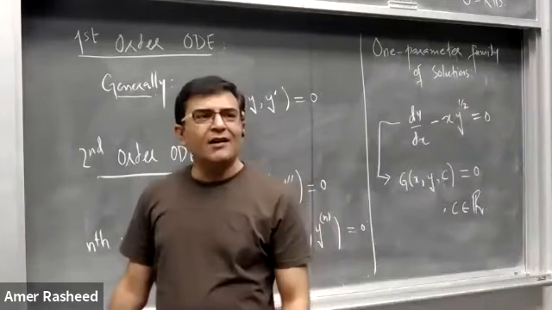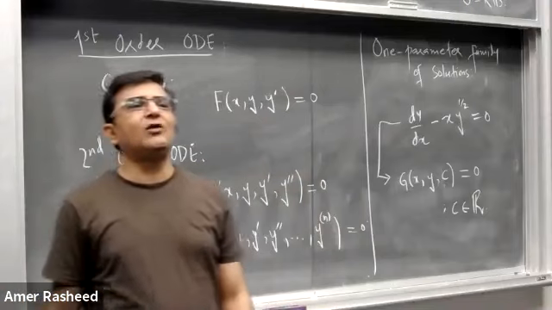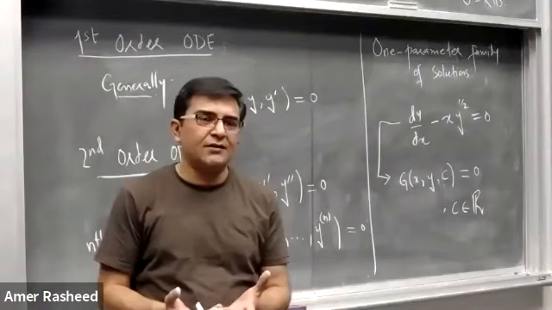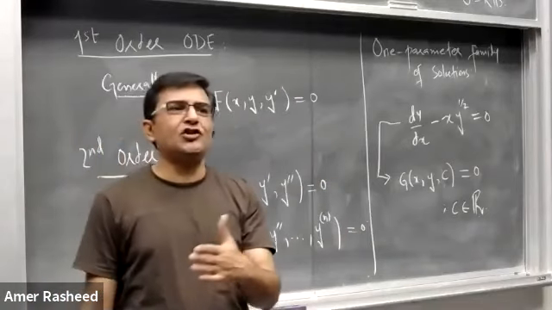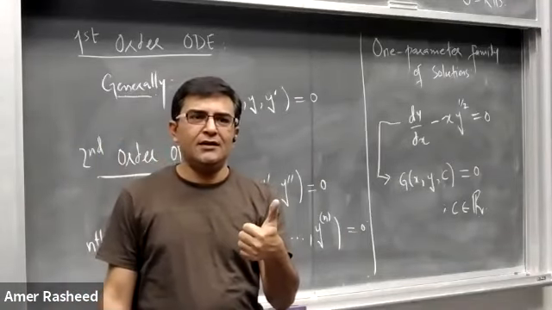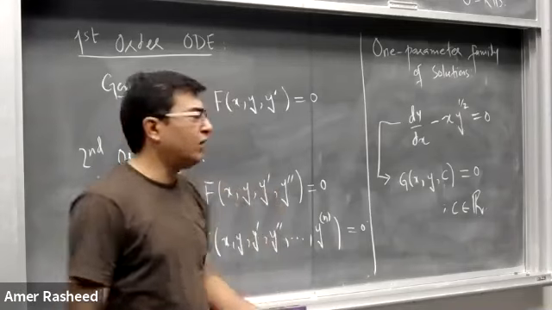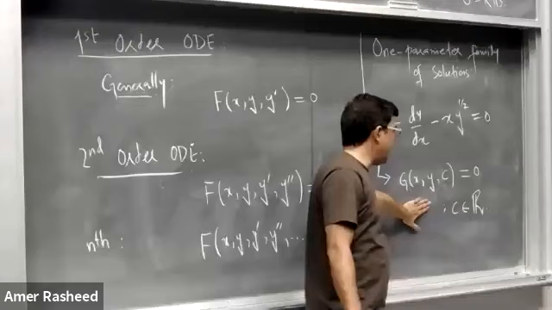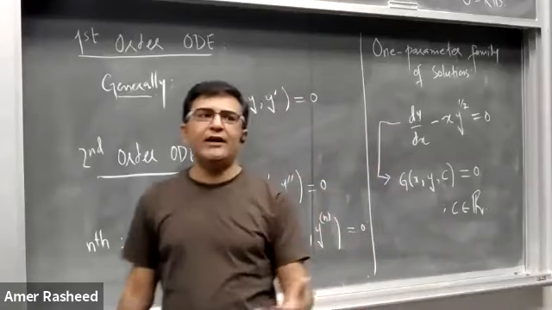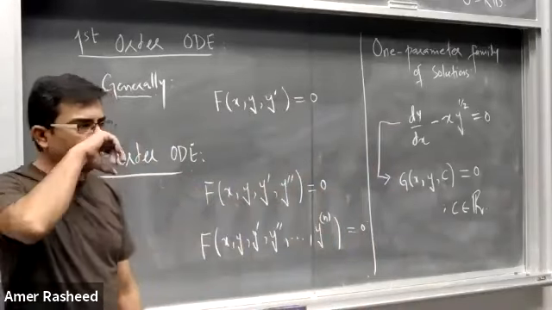For different values of C, we get different solutions. So it's basically a family of solutions which involves one parameter. That is what we call a one parameter family of solutions, and we write it in this form: g of x, y, comma, c is equal to 0.